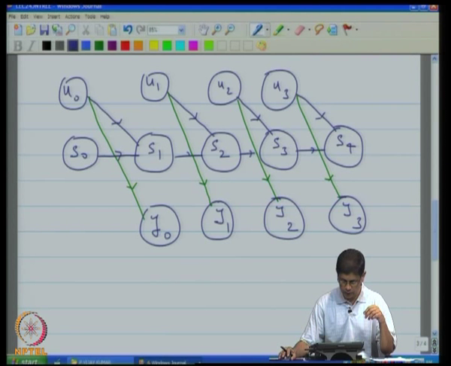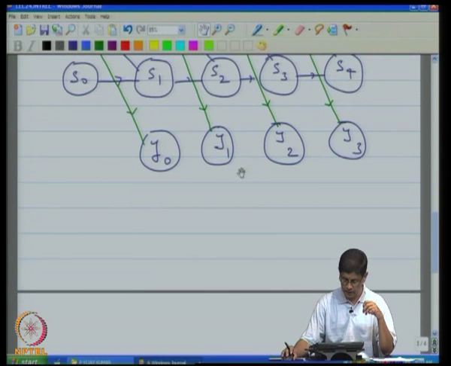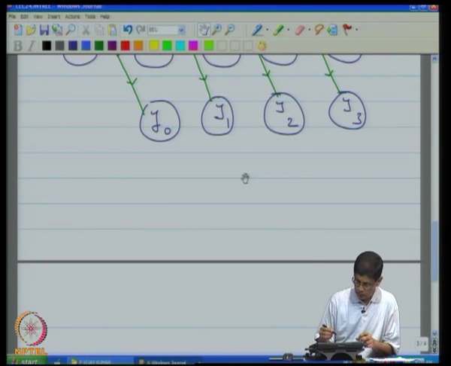If you think about the joint probability function of all of these variables, then this graph is telling you how it will factor. It will factor according to the product of P(U0), P(U1), P(U2), P(U3), P(S0) and then P(S1 given U0 and S0), because there are arrows leading into it, P(Y0 given U0, S0), P(S2 given U1, S1) and so on. Okay. So, this graph suggests how you would factor the probability mass function.